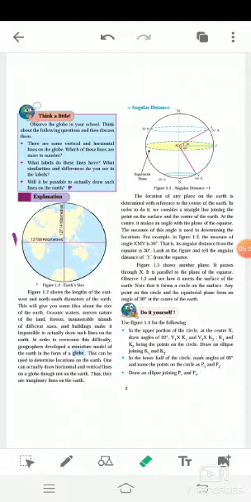So to make it easy for understanding, the geographer has developed a miniature model of the earth in the form of a globe. Now it is very useful to understand the location on the earth.